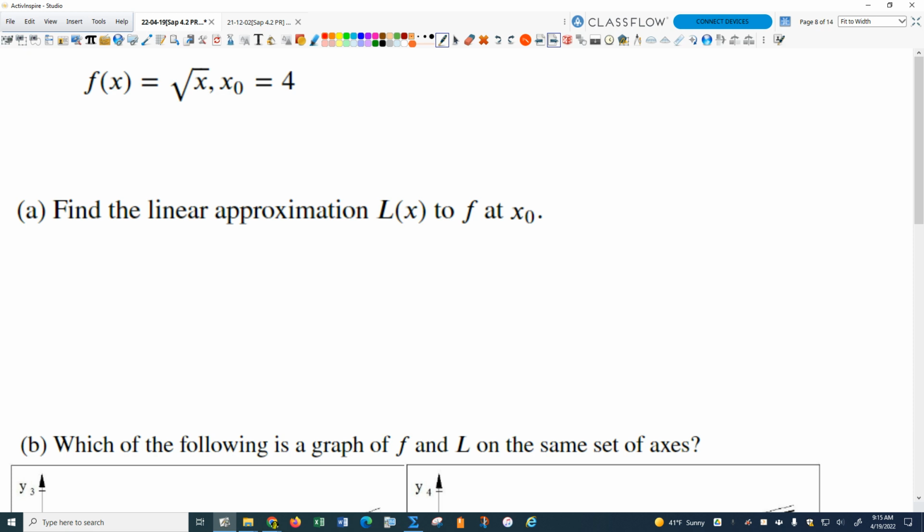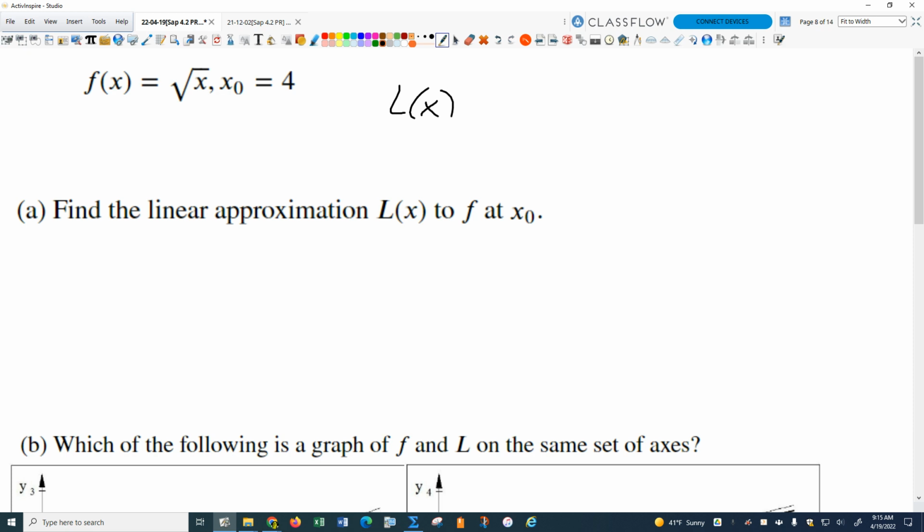Talk to me. What am I going to do here? If I have to start with a formula, what would that formula be? See if you can fill in the blanks here without looking at your notes. So the linear approximation formula, this is just y, right?